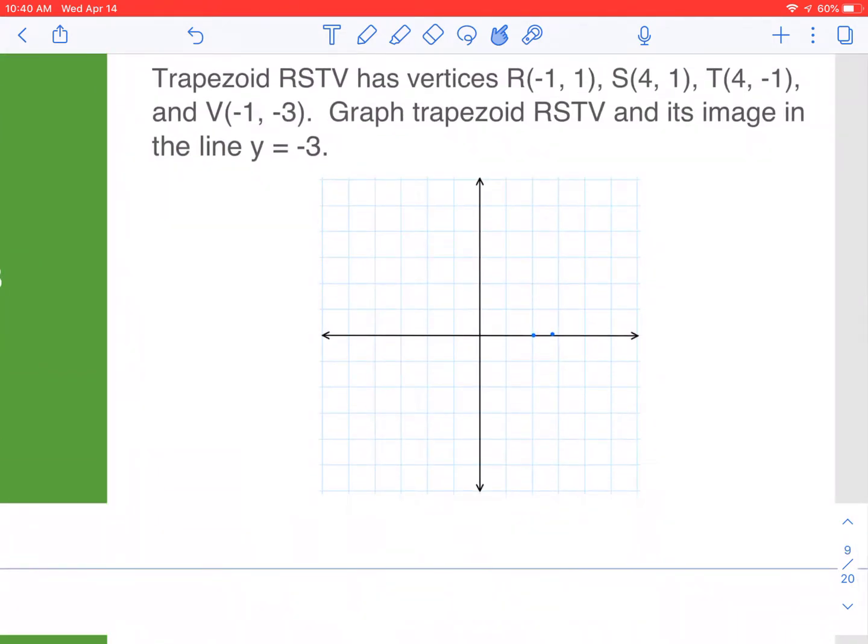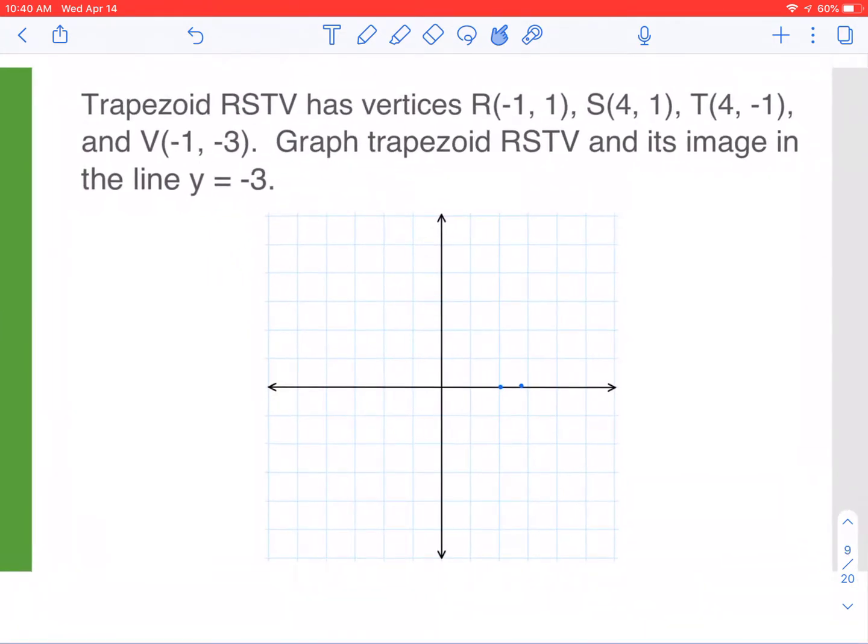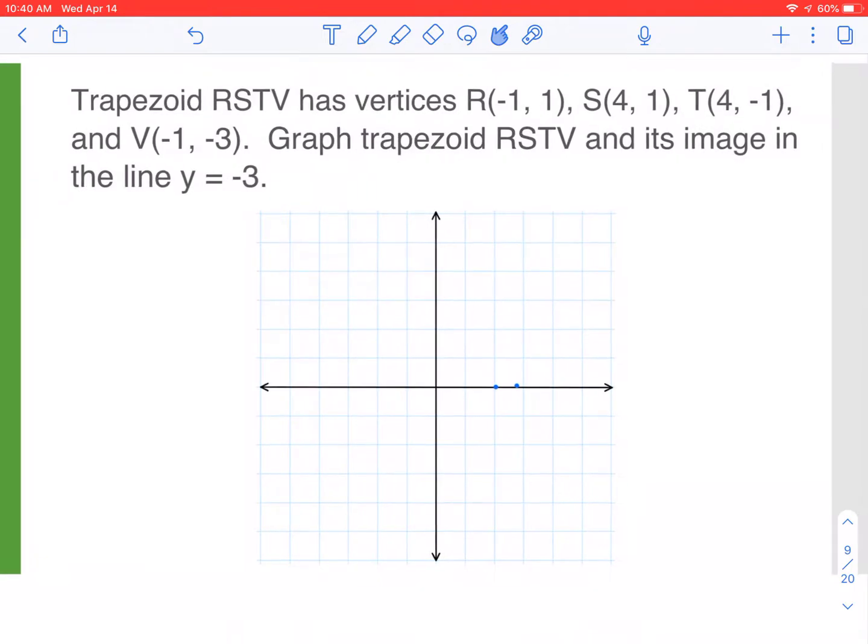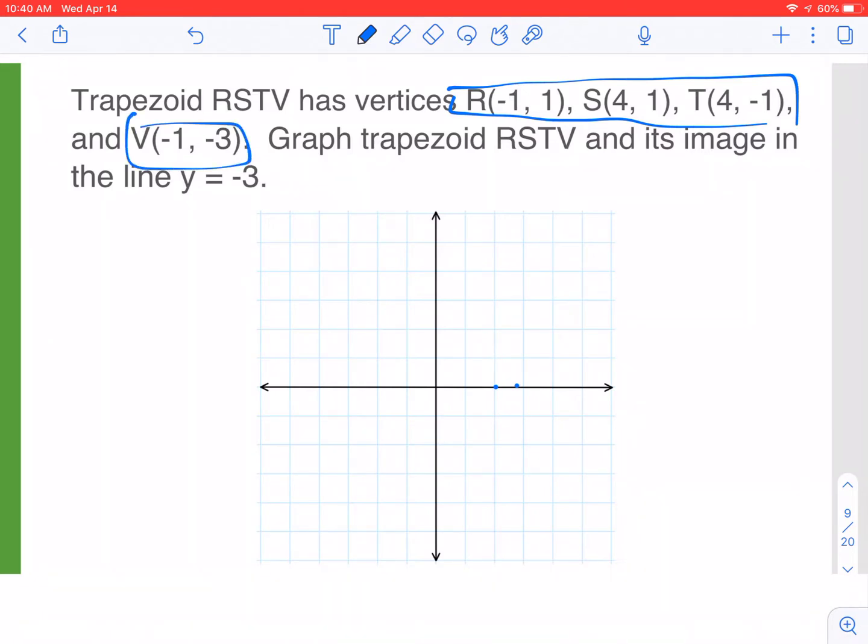Now we're actually going to graph it. First we're going to graph the trapezoid. Here are our points up here, and over here, and we're going to graph these points.